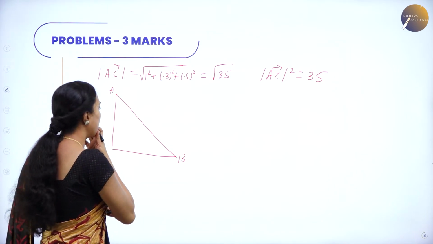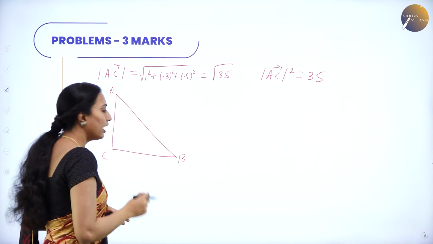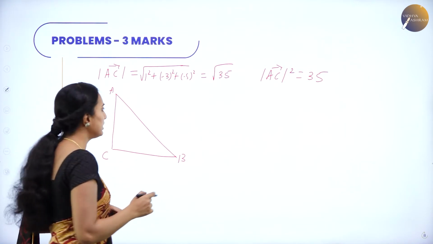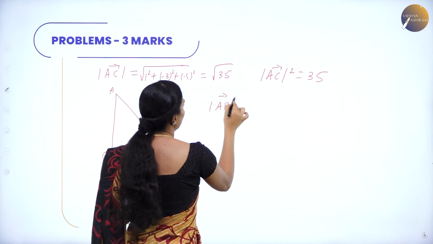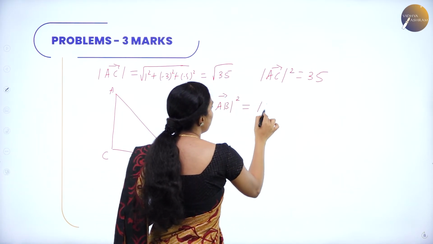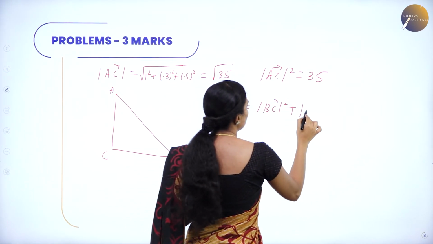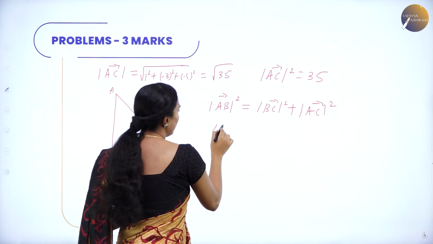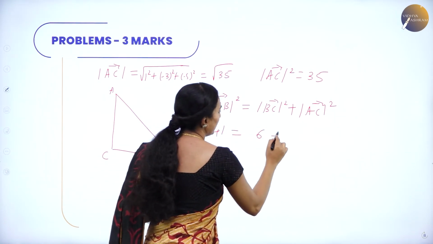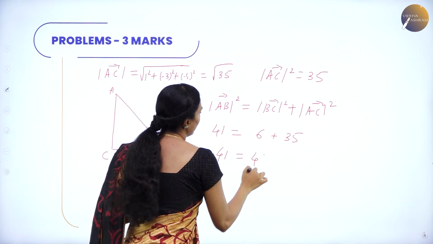So the magnitude of AB vector whole squared equals the magnitude of BC vector squared plus the magnitude of AC vector squared. So 41 equals 6 plus 35. Therefore 41 equals 41.